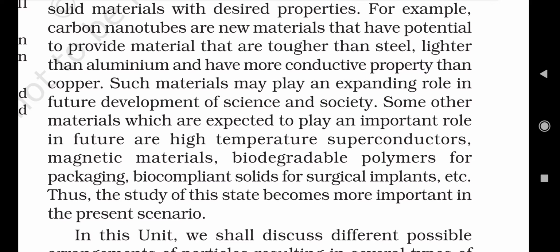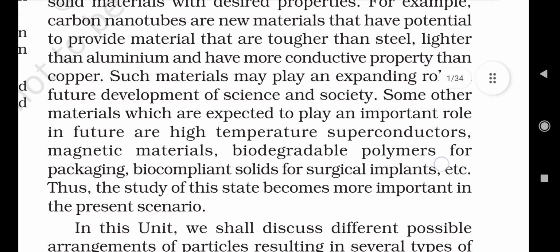Even on a bicycle, the carbon fibers are very light. Most things are made of carbon fiber because they are very light. So this kind of material helps us make our devices of good quality, lightweight, and durable, and that's why they help the development of science and society.